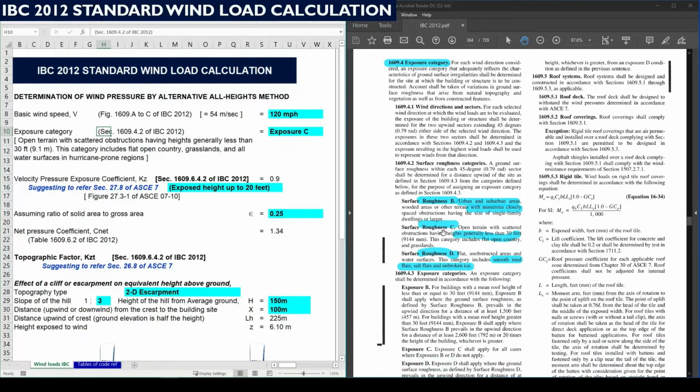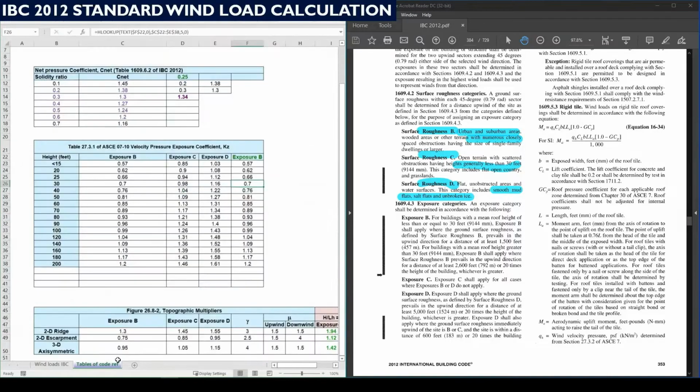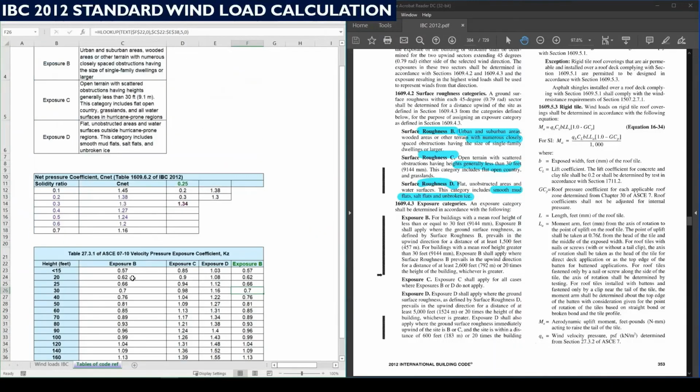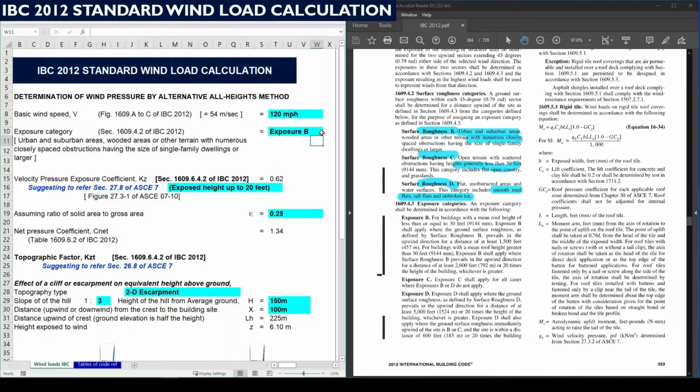Here you can see the various exposure categories defined. There are three exposure categories: B, C and D. The same is extracted into this Excel and added in the tables of code reference. While selecting from this drop down list, we get the definition of the same here.